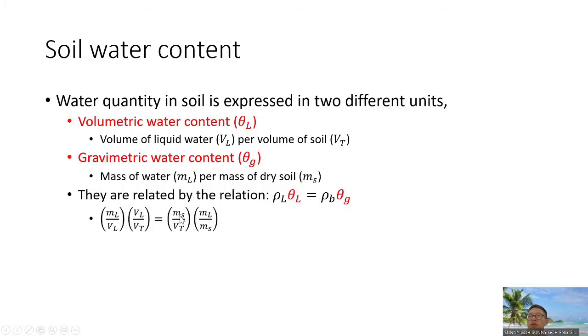This equals the bulk density, which is given by the mass of soil divided by the volume of soil, multiplied by the gravimetric water content, which is the mass of liquid over the mass of dry soil.